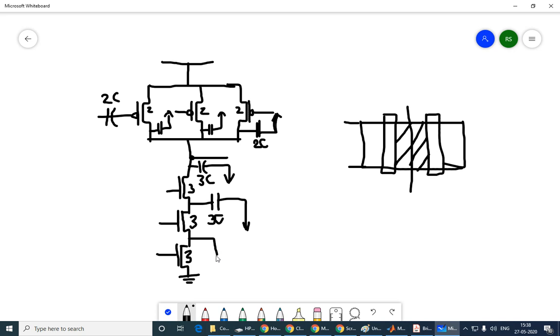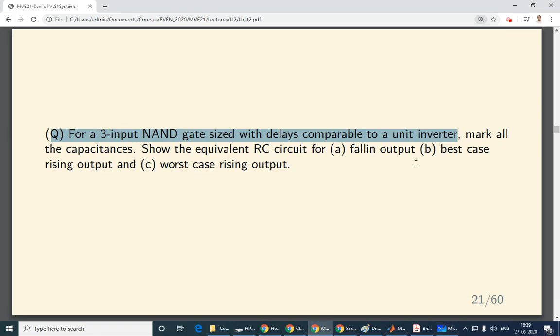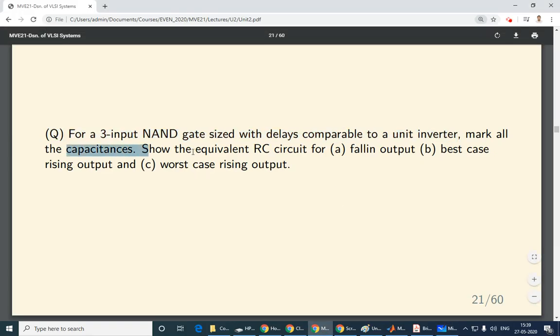And the same thing here also, one single capacitance shared between the two transistors, whose value is again 3C. So 3C here, 3C here, 3C here. I didn't have to draw it because it's not connected to the output node, but because it's an important concept, I just wanted to show it to you. So these are all the capacitances associated with the transistor. Again, I'm not going to draw the gate capacitance.